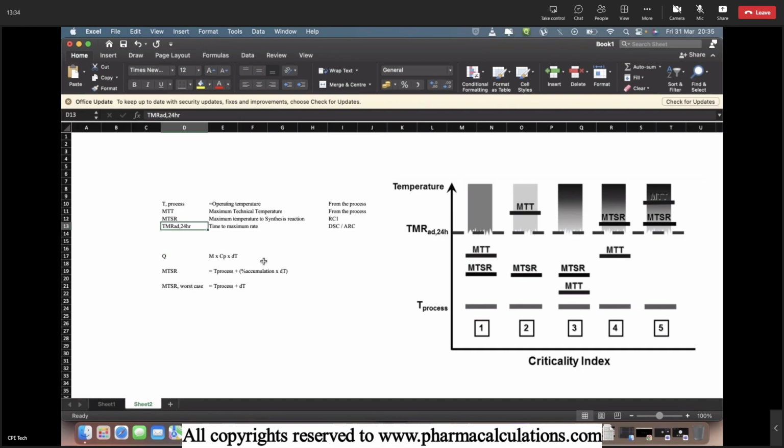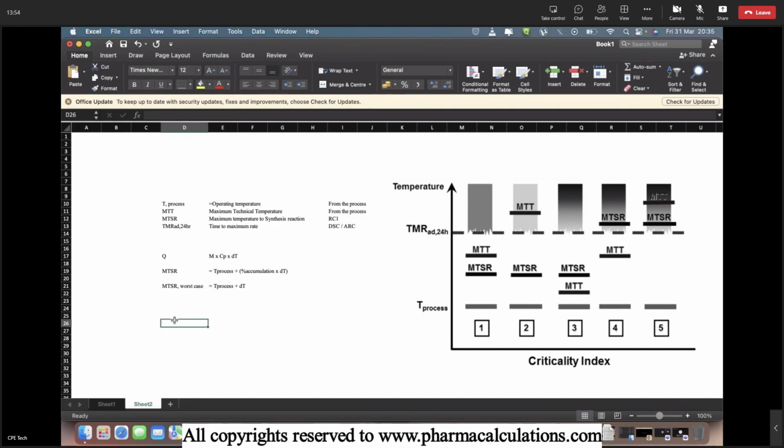That means let's say from a DSC you got an exotherm, and the exotherm is having some higher enthalpy. That means it's a significant exotherm. And whenever we get a significant exotherm, we are going to check the onset of decomposition.